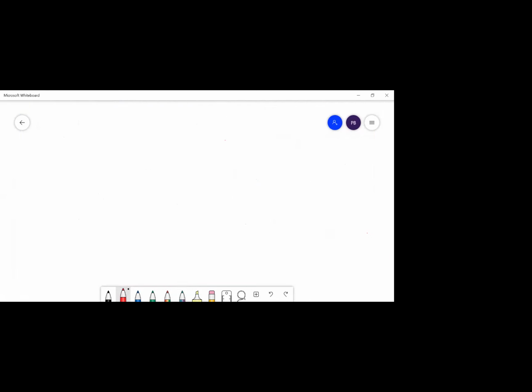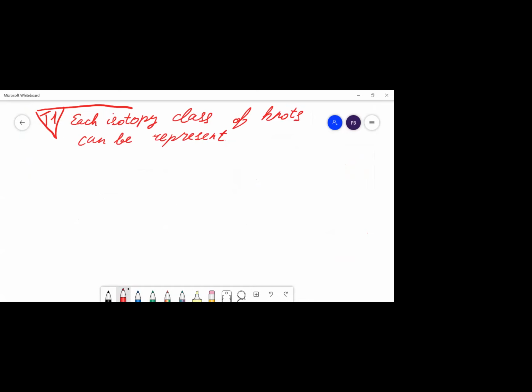The first theorem is that each isotopy class of knots can be represented by a clasp diagram.